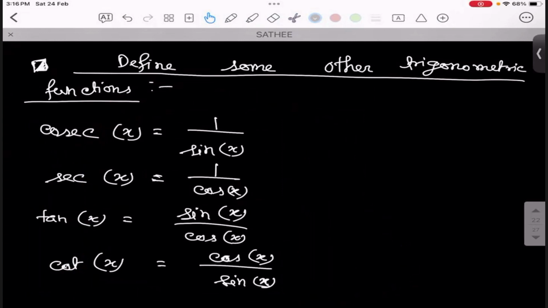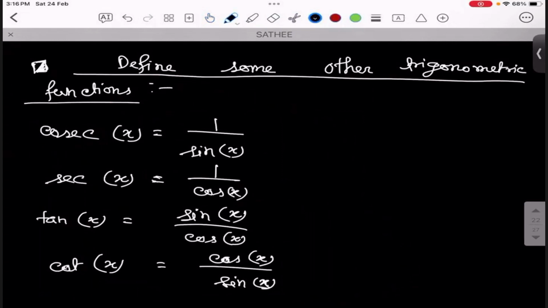Now we all should know that 1 by 0 is undefined, right? Now what about cosec 0?